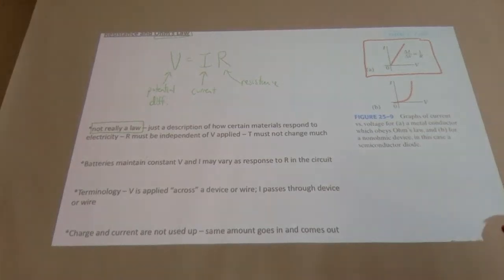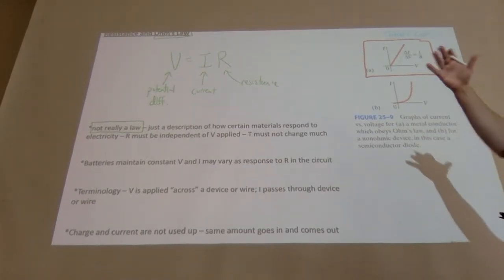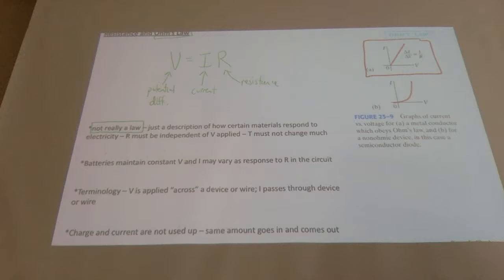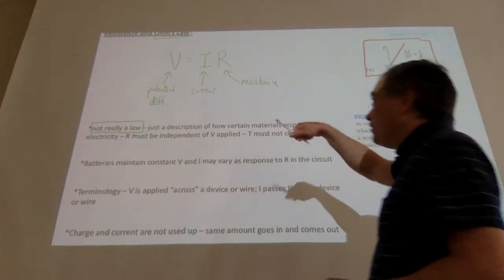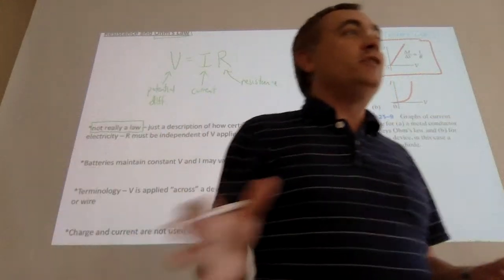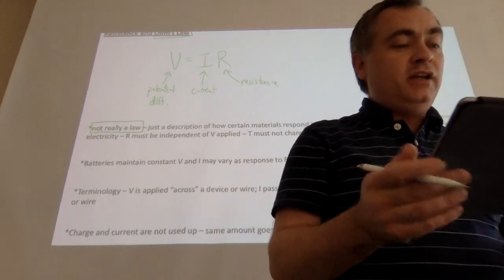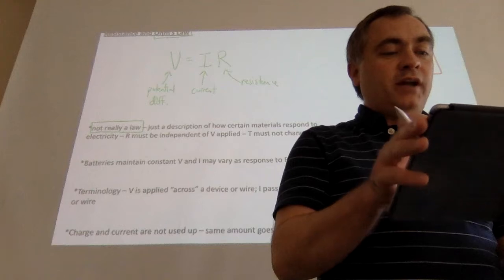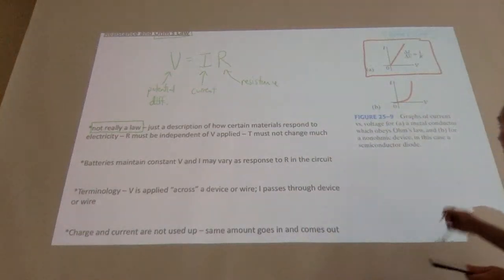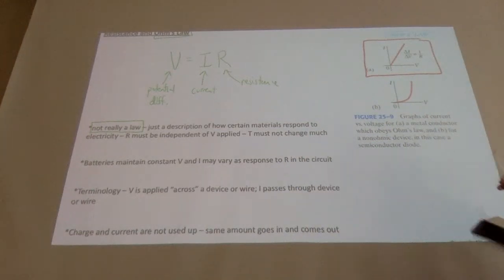If I ramp up the voltage or ramp up the current, one or the other should respond linearly because there's no squares, no inverse functions, nothing weird there, okay? In this particular graph, they have plotted I versus V, meaning they're watching the circuit, and as they turn up the voltage, the current goes up in a linear fashion, okay? That's something that obeys Ohm's law.